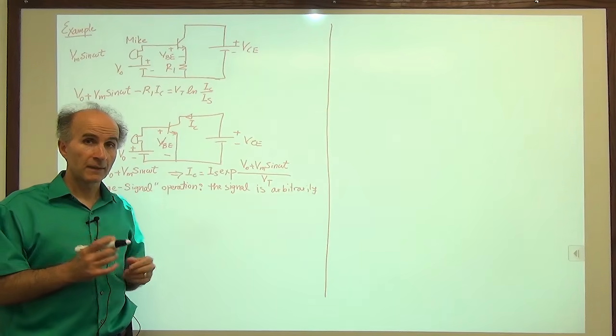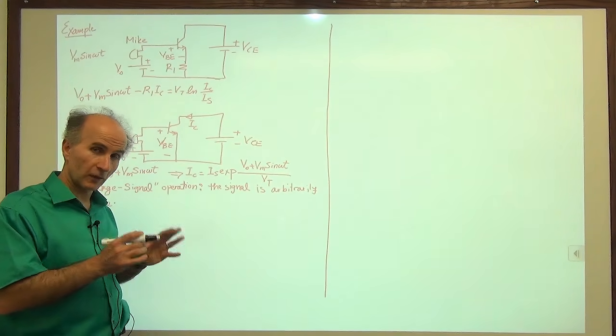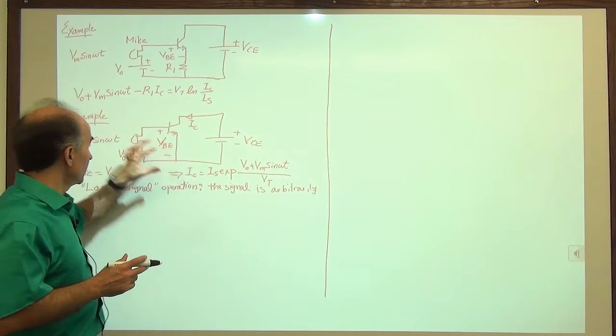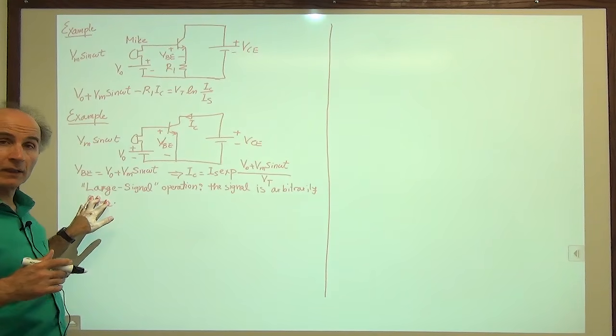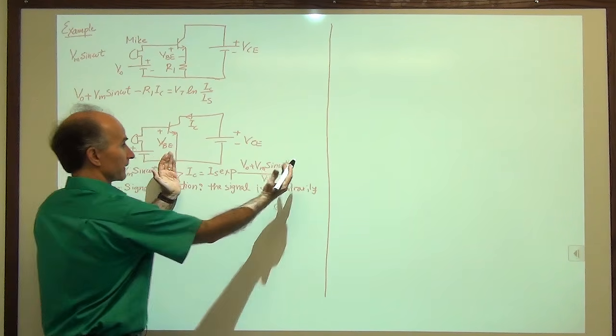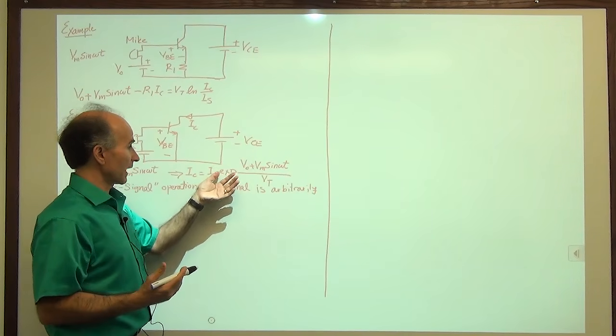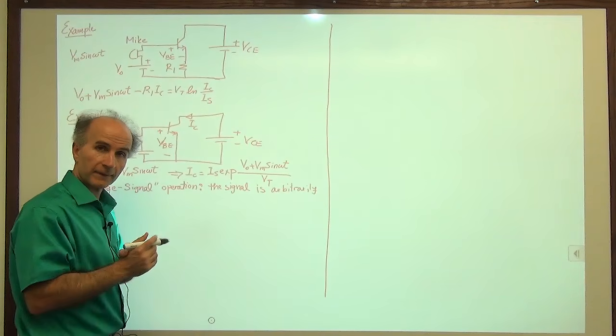We did not say Vm has to be small. If we don't have this limitation, if we don't say Vm is small, the signal from the microphone is small, then we say we are in the large signal regime. The large signal regime, that's what we have. We have IC as an exponential function of a sine, etc., relatively complex.